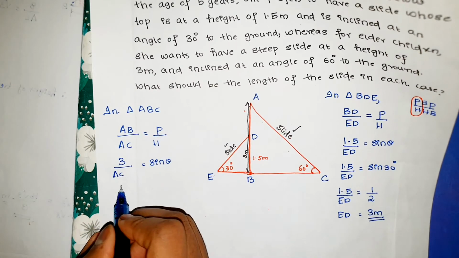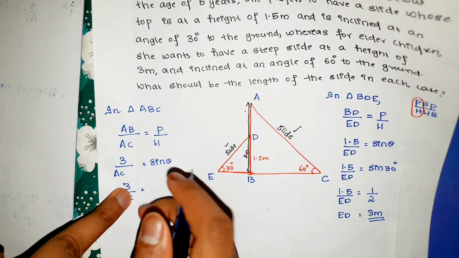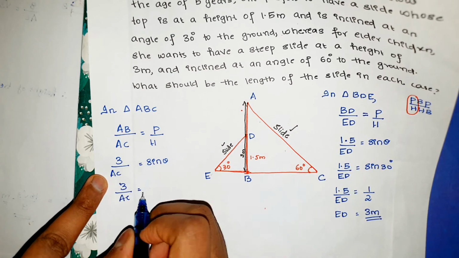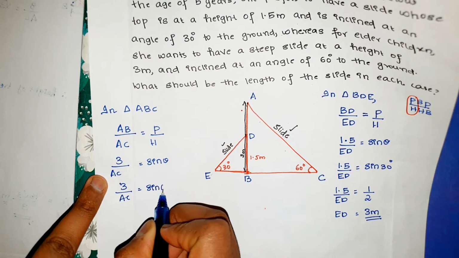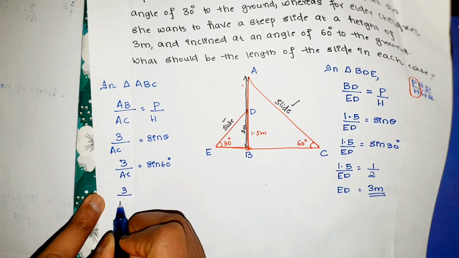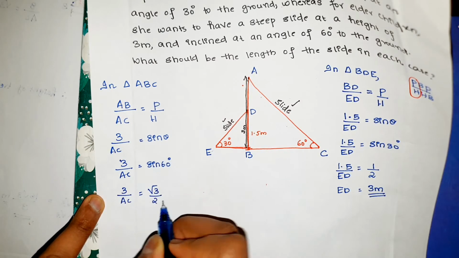What is the value of theta? It is in this triangle, so the value of theta is 60 degree. So that is sine 60 degree. So 3 by AC is equal to sine 60, which is root 3 by 2.